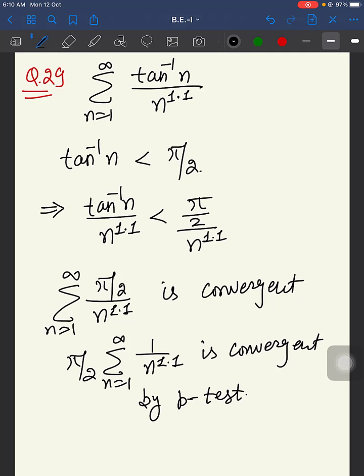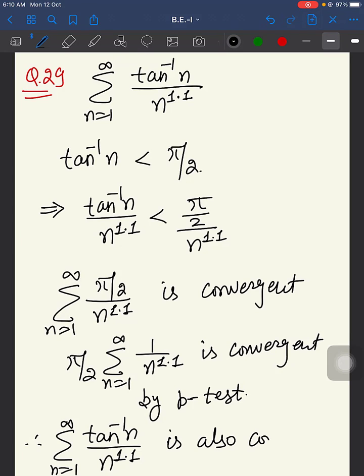No matter how small the difference between 1 and this is, if the power is on the larger side, definitely it will be convergent. Now your bigger series is convergent, so as we have discussed, by comparison test your smaller series is also convergent, right? So that's the thing.